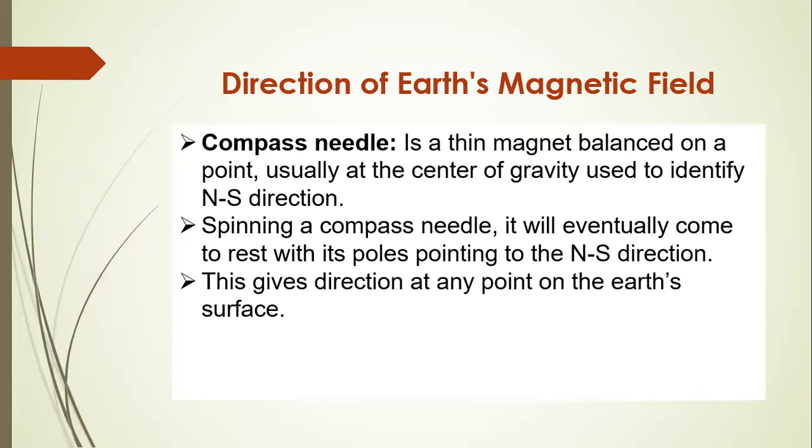When you spin a compass needle, it will eventually come to rest with its poles pointing in the north and south directions. This gives the direction at any point on the Earth's surface. So when you're lost somewhere and don't know the directions, simply having a compass will help you know where north and south are.